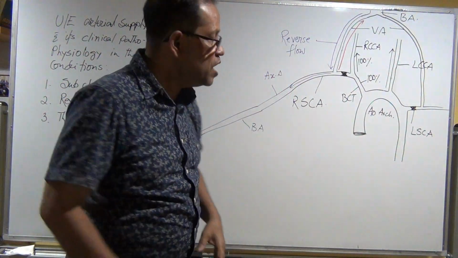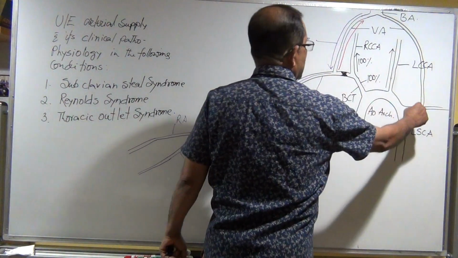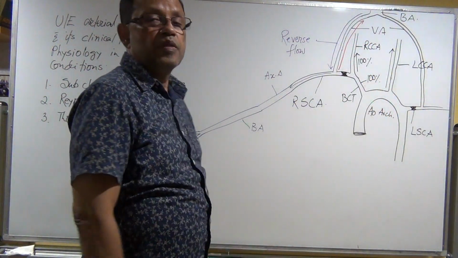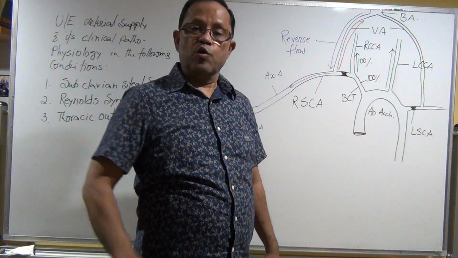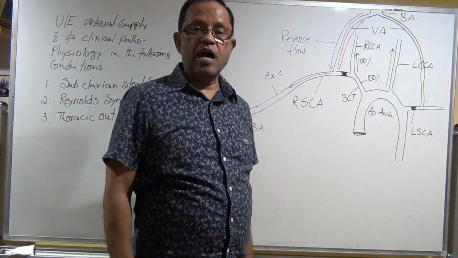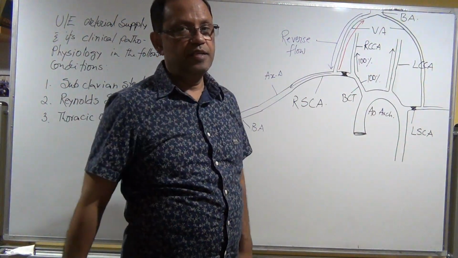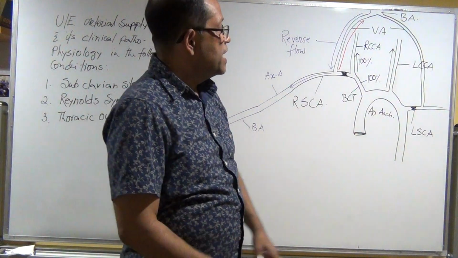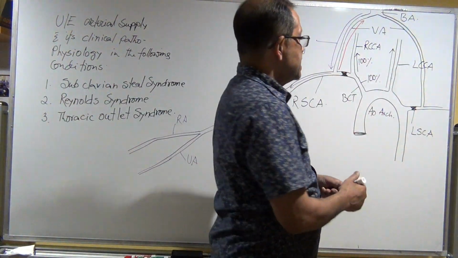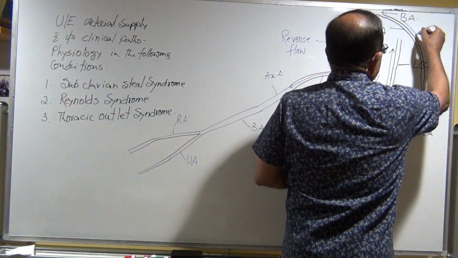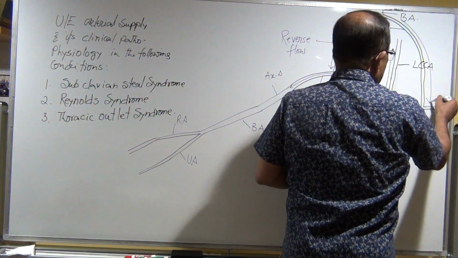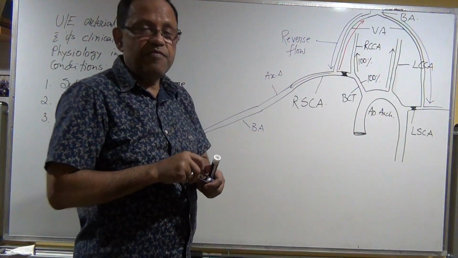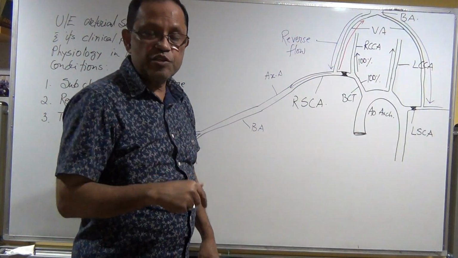Then do the Doppler, then you will see the subclavian artery proximal to the vertebral artery is occluded. What else do you see? You will see the vertebral artery is returning the blood to the subclavian. That is called reverse flow.